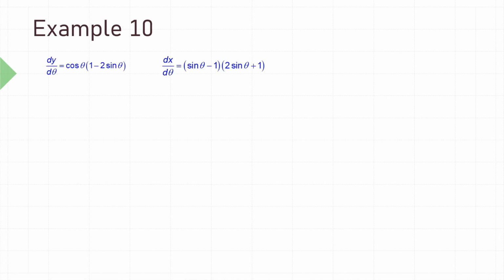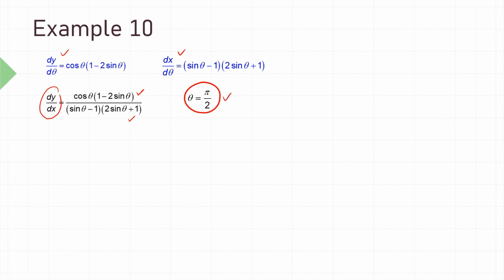All right, so firstly, we have from the previous slide that dy over d theta and dx over d theta are given by these functions. So we can find dy over dx. Why? Because we have the formula for dy over dx, which is dy over d theta divided by dx over d theta. So now we have to find the limit, because we want to determine at the point theta equal to pi over 2.